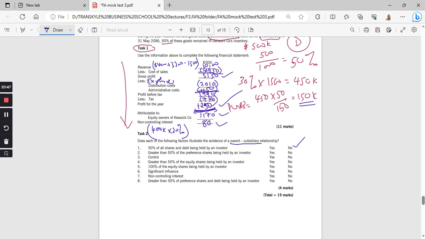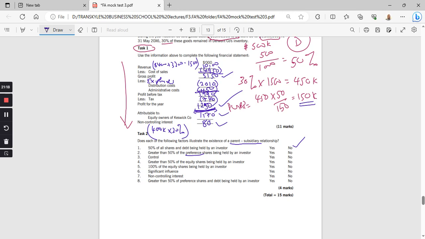Then, greater than 50% of the preference shares being held by an investor. Preference shares are usually considered as debt. So they do not. If the examiner is not specific, because we've got two types of preference shares, irredeemable preference shares and redeemable preference shares. If the shares are redeemable, then they are considered debt.